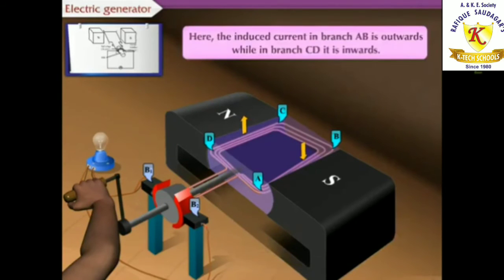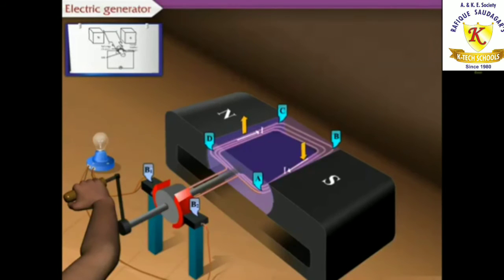Here the induced current in branch AB is outwards while in branch CD it is inwards. Hence, in the circuit, the current flows from brush B1 to brush B2.